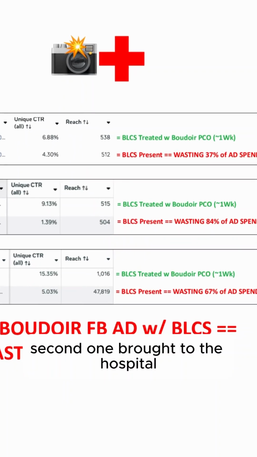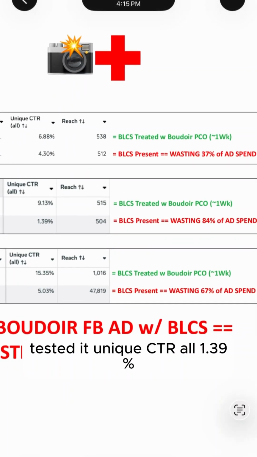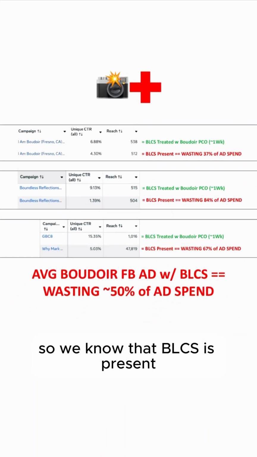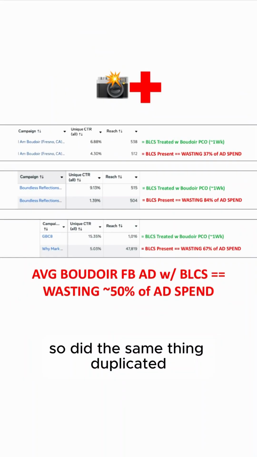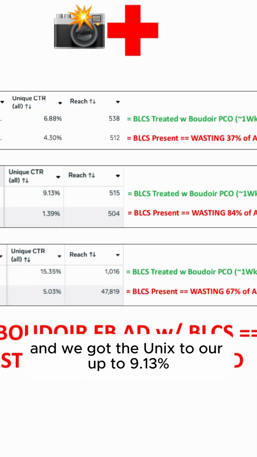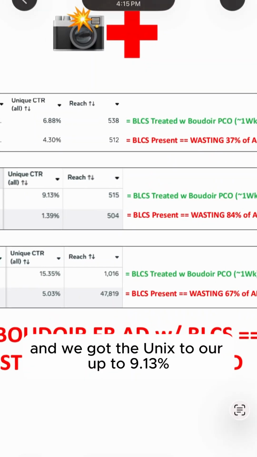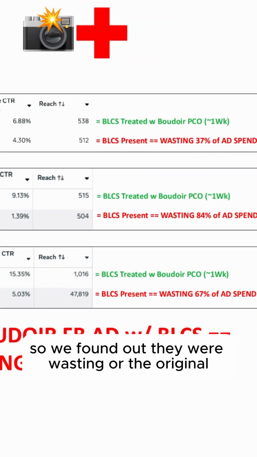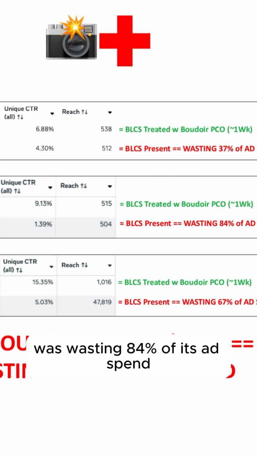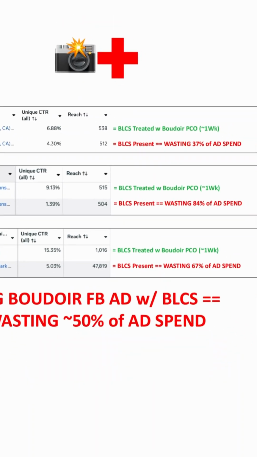The second one, we brought it to the hospital and tested it: unique CTR 1.39%. So we know BLCS is present. We did the same thing, duplicated and treated it with Boudoir Pico. It takes about a week, and we got the unique CTR up to 9.13%. So we found out the original was wasting 84% of its ad spend.